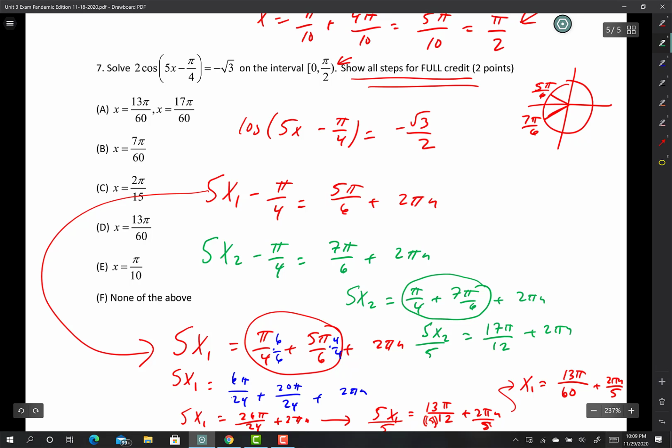And then divide by 5, divide by 5, divide by 5. x2 equals 17 pi over 60 plus 2 pi n over 5. So what are my final solutions? My final solution is that 13 pi over 60 and 17 pi over 60.